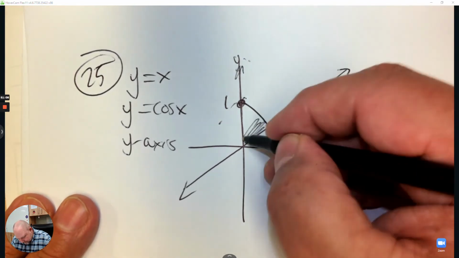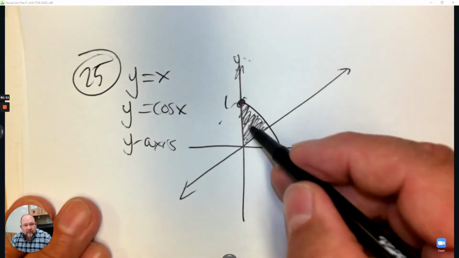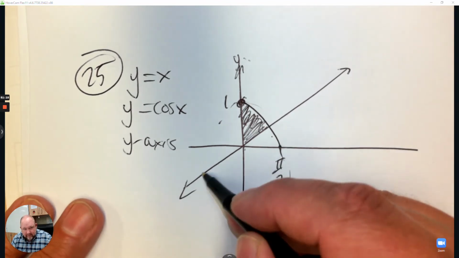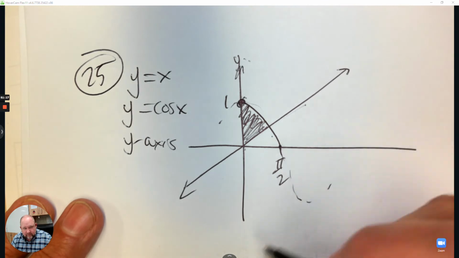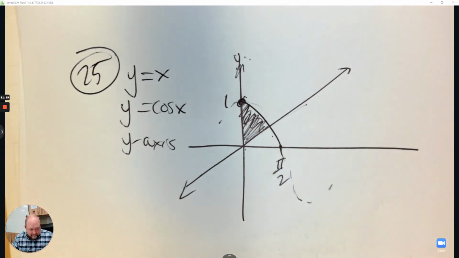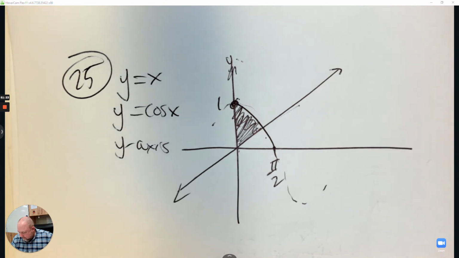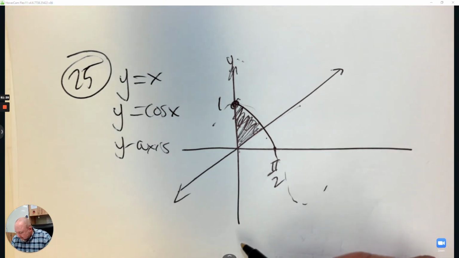So it's this right here. So you have the y-axis, y equals cosine x, that starts at the top of the wave, and then y equals x, all that, and then shaded in. Use a calculator, and what are we going to do?